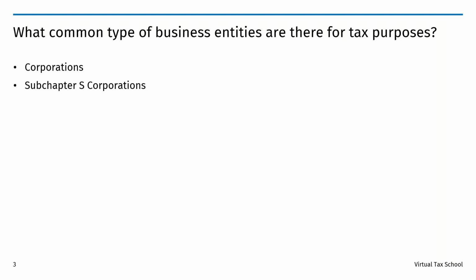So owners of both are called shareholders. Now, the other types of business entities can include partnerships. A partnership is a joint undertaking by 2 or more persons to make a profit. A partnership does not pay federal tax. Each individual partner reports and pays tax on their share of the partnership's income.